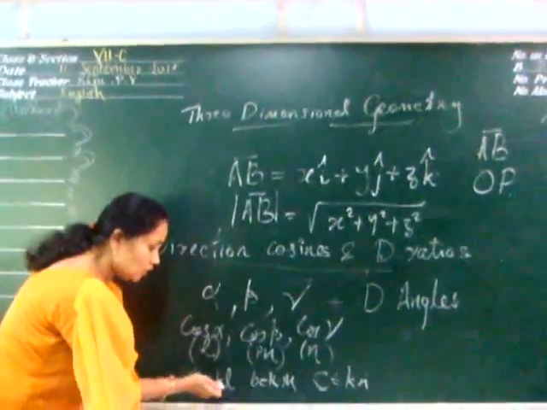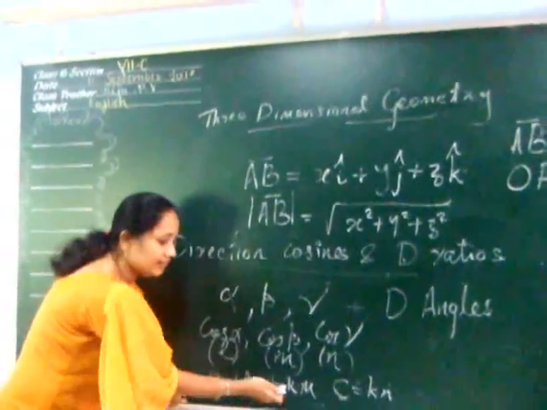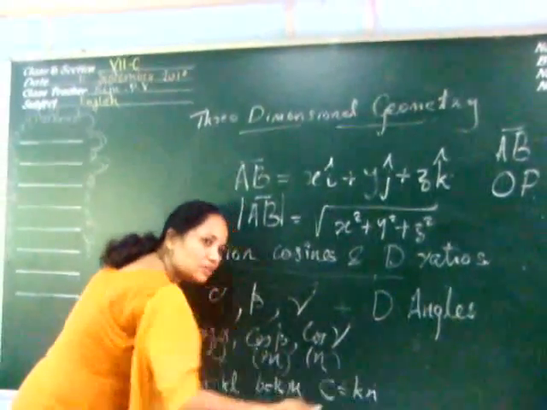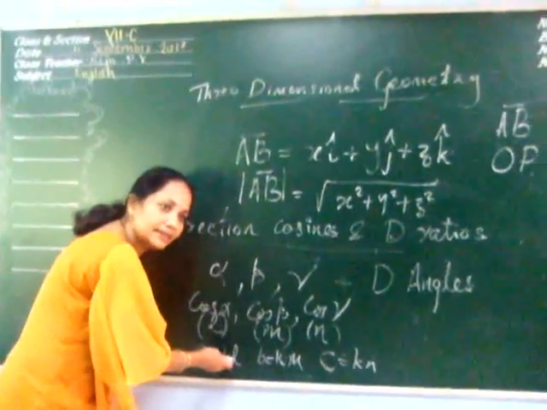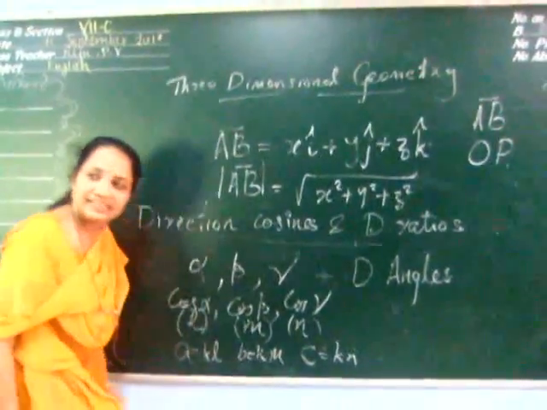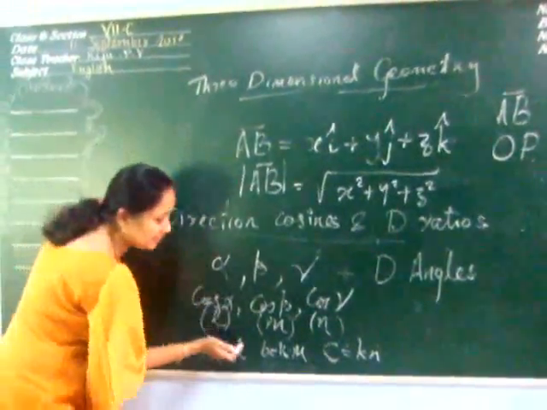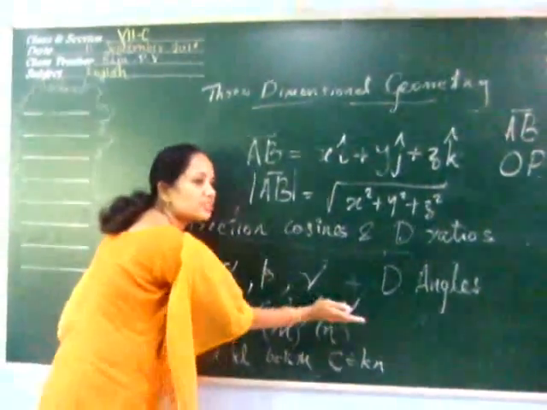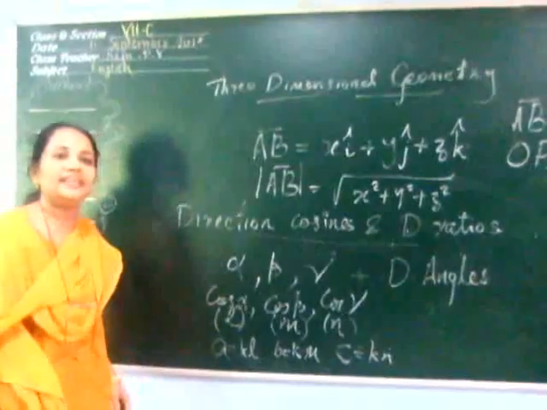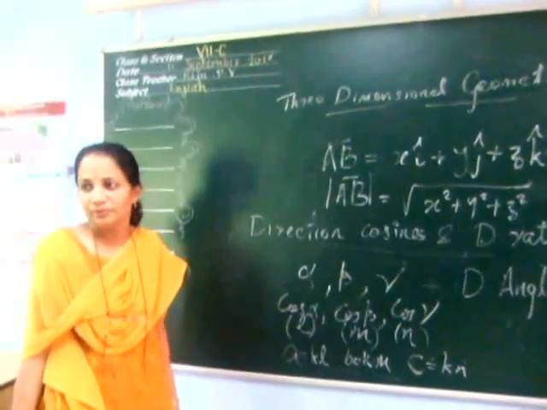If we take K as 100, you get one set of direction ratios. If you take K as minus 100, you get another set. Any three numbers which are proportional to direction cosines are called direction ratios.